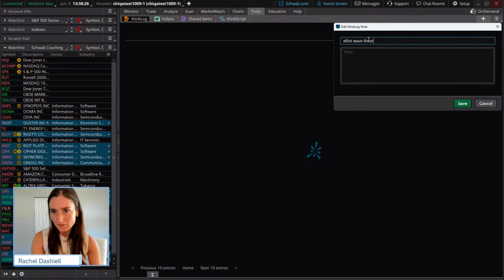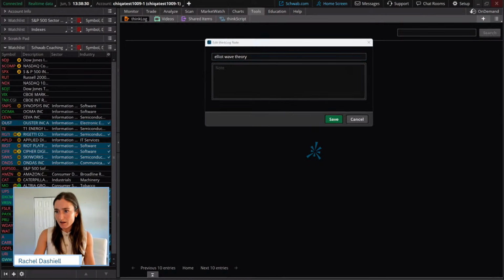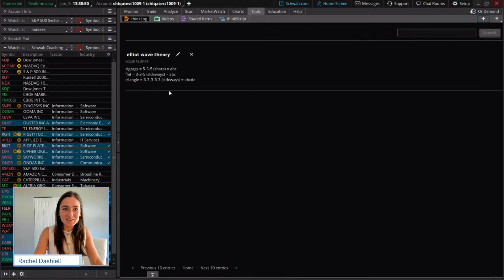Here we go. And so we're going to take all the rules that we talked about today and how to identify these. So this is just your quick cheat sheet of understanding corrective waves here. So we're going to hit save. These are going to show up here.